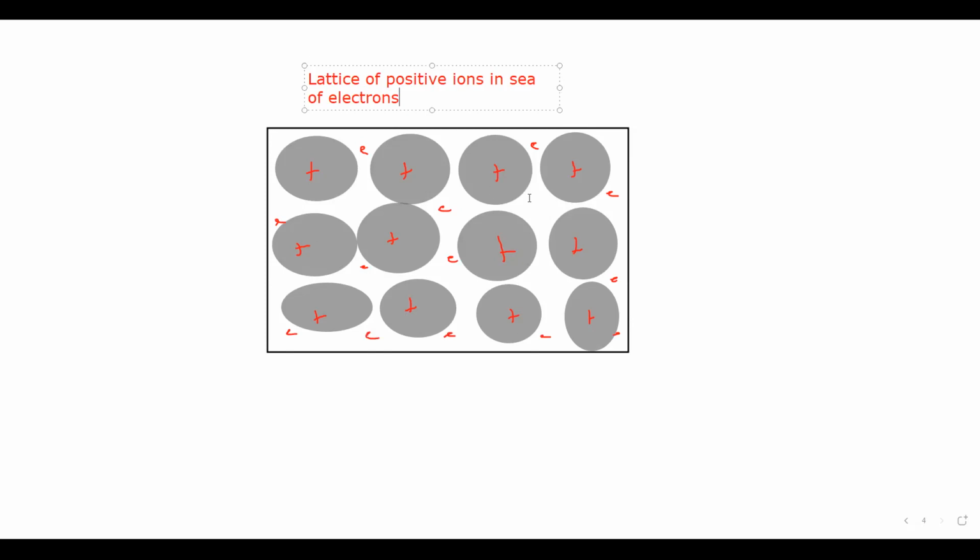Is it clear? The structure of any metal, because all the metals have tendency to lose electron. It's not like all will have plus one, but this plus is only representing the nature. It can be plus two, it can be plus three, it can be any number, but we don't have to show that.